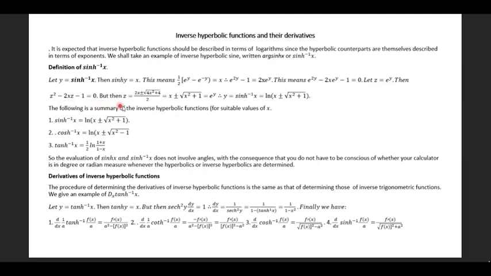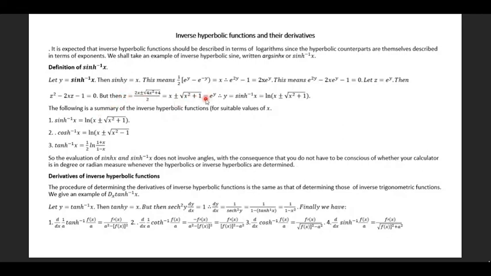And if you use the quadratic formula, z will be equal to negative b, your b is negative 2x, so it's 2x, plus or minus the square root of b squared minus 4ac. B squared will be 4x squared, minus 4ac, it will be minus 4 times 1 times negative 1, and that will be plus 4. Then if you divide everything by 2 in the denominator, because the square root of 4 you can take out as 2, you'll be left with x plus or minus the square root of x squared plus 1.